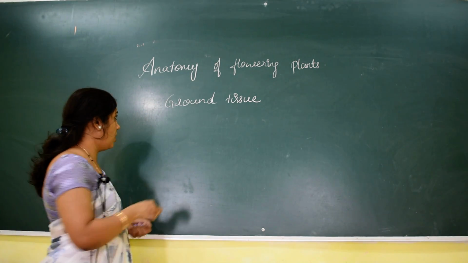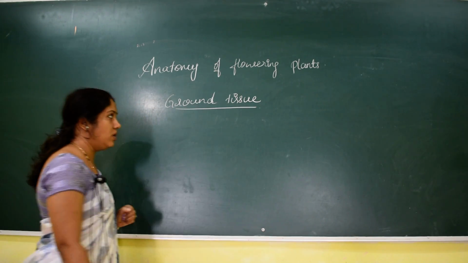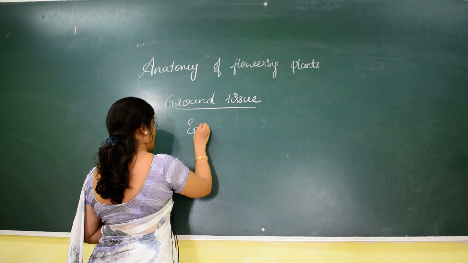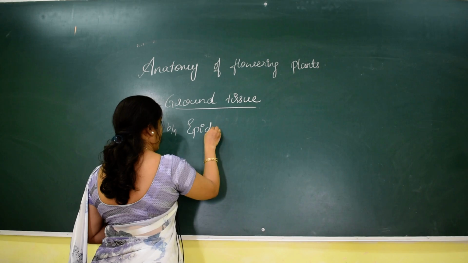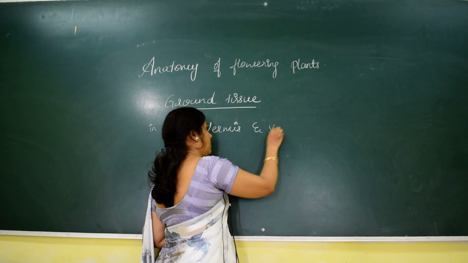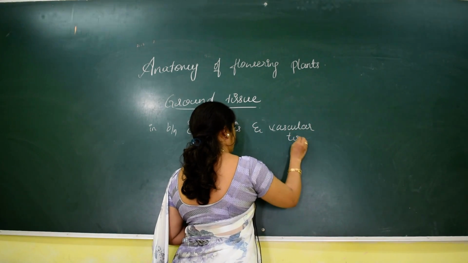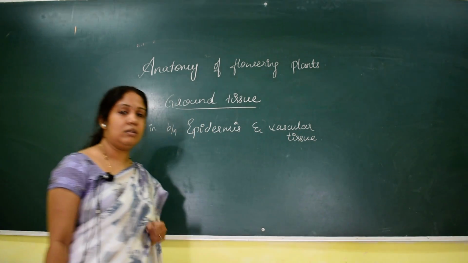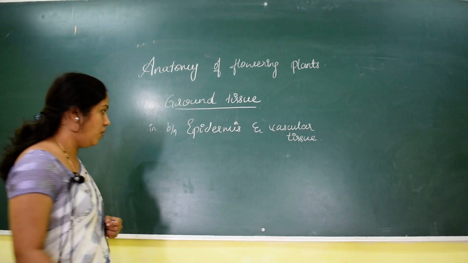So what is this ground tissue made up of? The ground tissue is a tissue which is present in between the epidermis and vascular tissue.